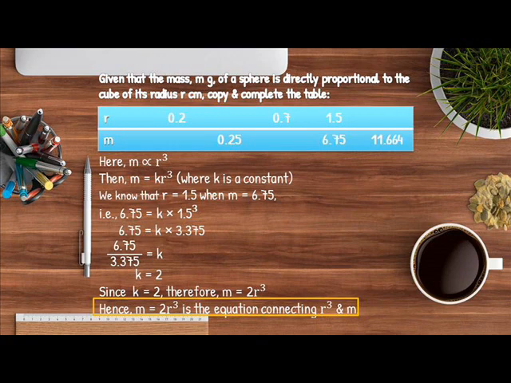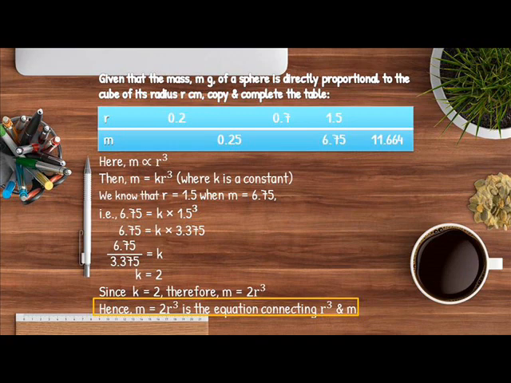Substituting these values into the equation, we have 6.75 equals k into 1.5 to the power 3. Well, 1.5 to the power 3 is 3.375. That is being multiplied to k on the right hand side. So when transposed to the left hand side, it will be divided. So we have 6.75 divided by 3.375. The value of k is found as 2.